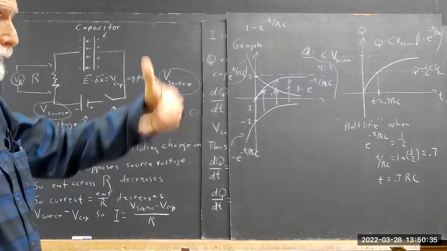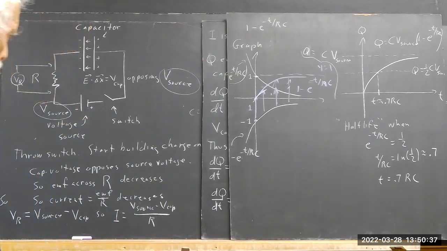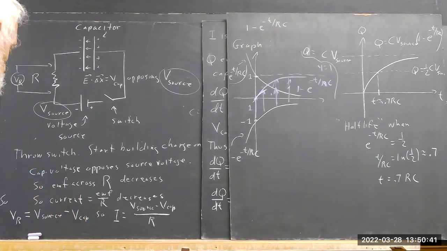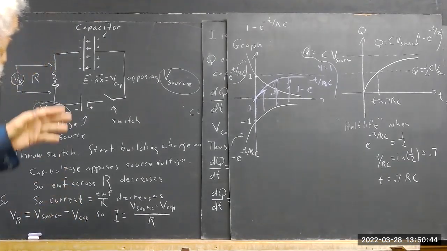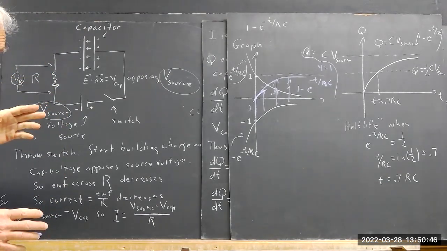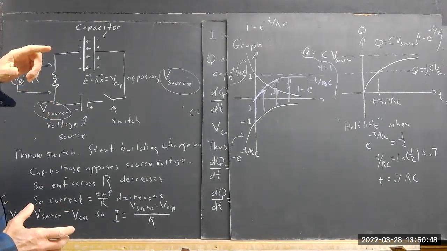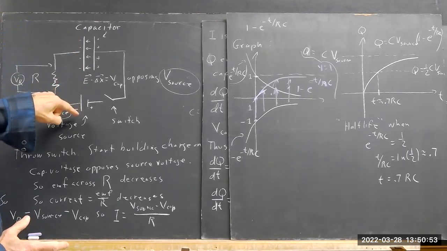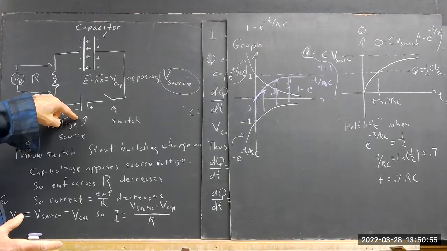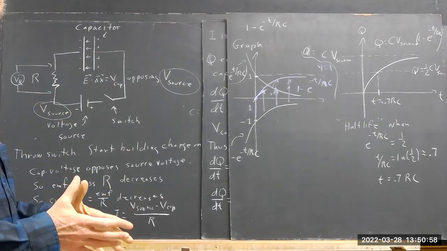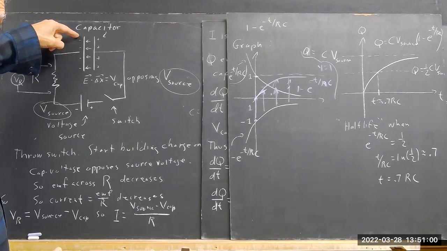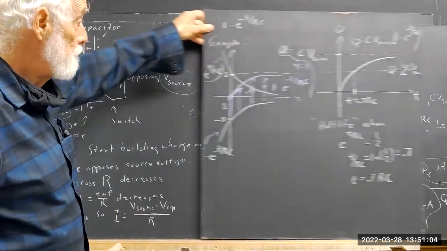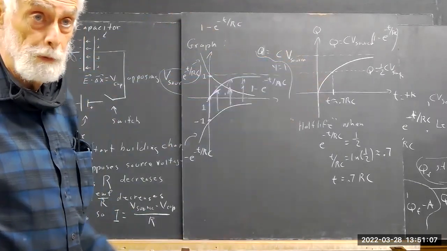I got my C in the numerator rather than the denominator because I didn't stop to think. But the further the capacitor voltage is from the voltage of the source, the faster it's going to change. The closer the voltage of the capacitor gets to the voltage of the source, the more slowly it's going to change. And that seems to be exactly what this curve is telling us, right?